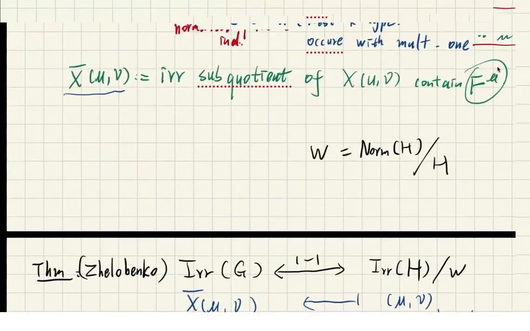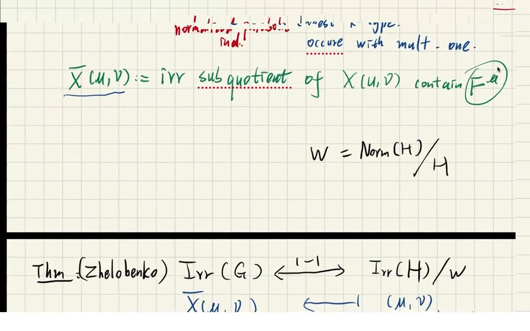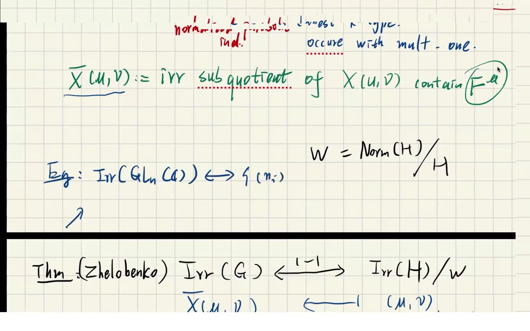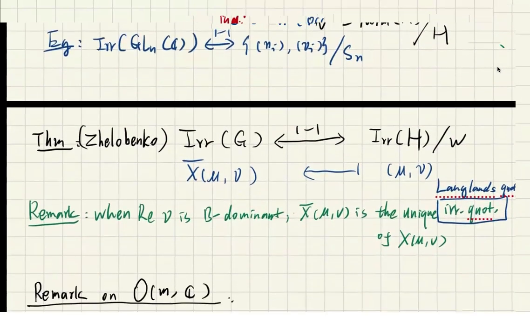Right, so I can give an example: irreducible representations of GL_n(C) are in one-to-one correspondence with a chain of n_i and mu_i divided by the S_n action. Okay, so this is a classification.